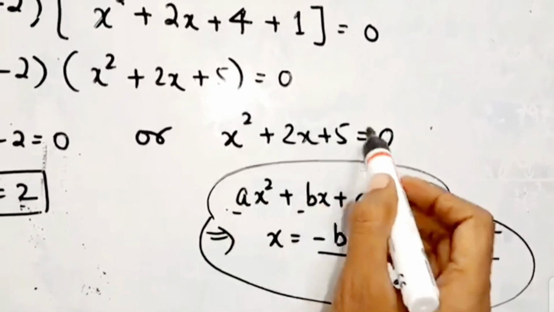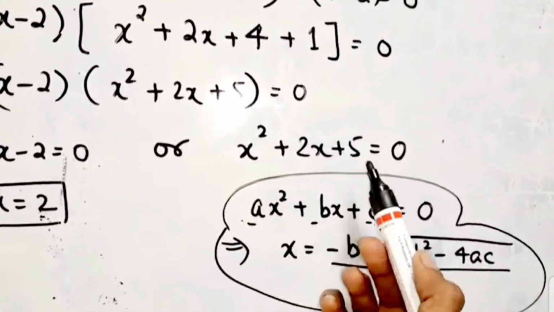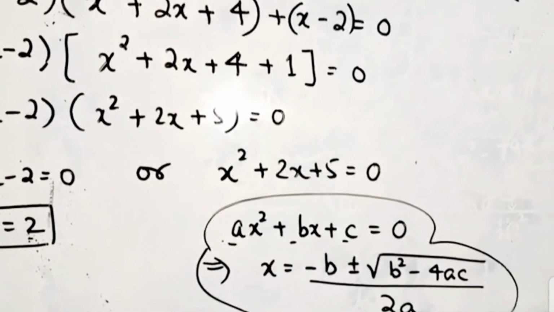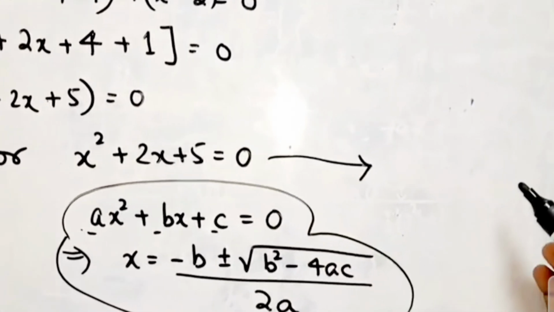Now our quadratic equation is of this form, where a is 1, b is 2 and c is 5. So we can easily solve this quadratic equation. How? I am solving here.